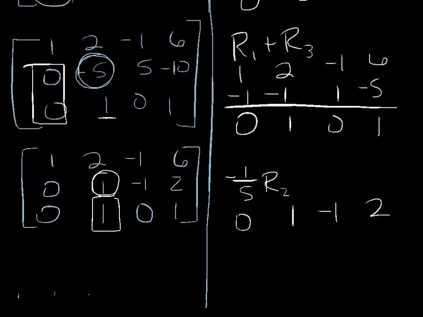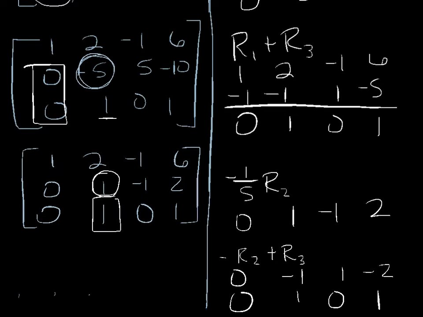So my row operation will be negative times row 2, and add that to row 3. So negative times row 2 is 0, negative 1, 1, and negative 2. Add that to 0, 1, 0, 1.